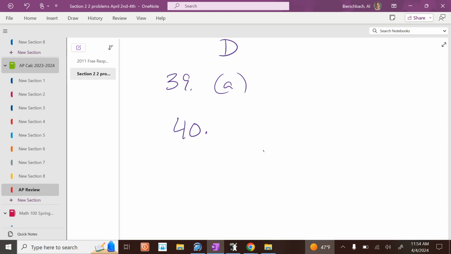So the radius is increasing at a rate proportional to the radius. I think it's one of those CE ones, isn't it? The radius proportional. CE to the KT? I bet it is. I bet you're right.